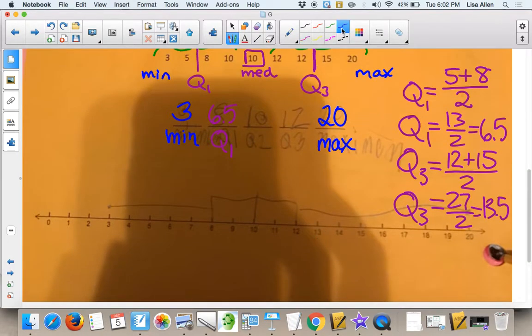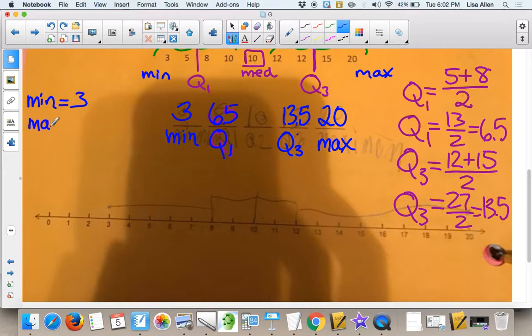So it looks like our quartile 1 is 6.5, and our quartile 3 is 13.5. With that, you need to find your 5-number summary. I'm just going to do a list. Your min is 3.